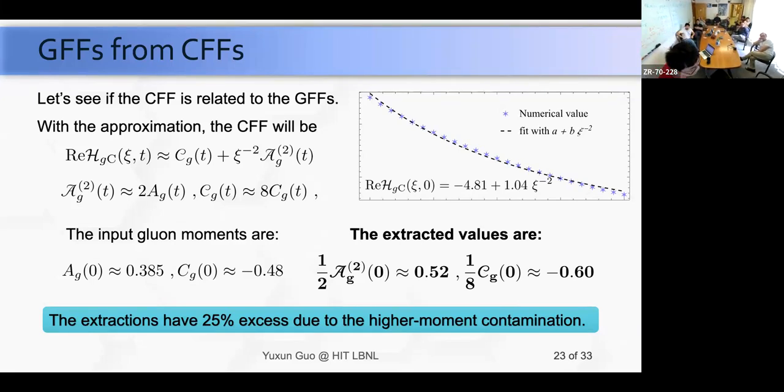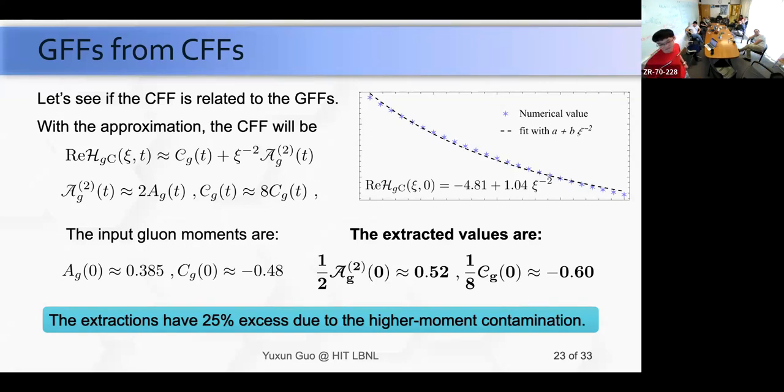In that case, those coefficients can be related to the gravitational form factors like this. So this is 2 times this, and this is 8 times this. I didn't make up the prefactors, they are just there, but I ignore all the higher order terms, that is, higher moments. This is the input value we plug in. AG is just the gluon momentum fraction, which is about 0.4, and CG is something quantized, with a reference value of maybe 0.5.